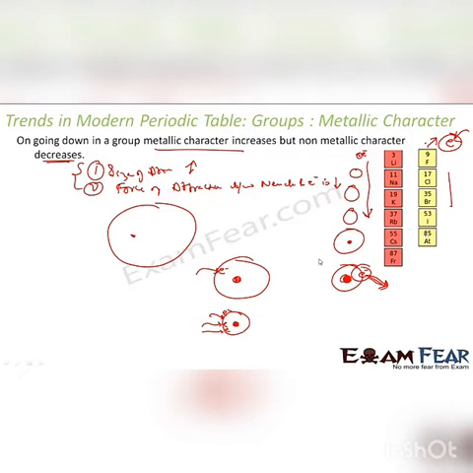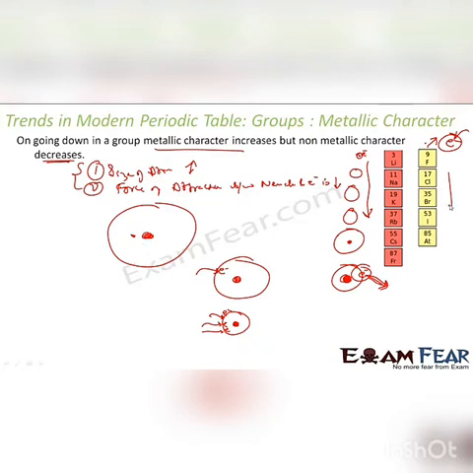Because it is big, it is not able to attract even a single electron. You see, this one is able to attract 1 electron, this one is able to attract 3 electrons. But the big one is not able to attract even a single electron. Since it is not able to attract electrons, its non-metallic character is decreasing, right?